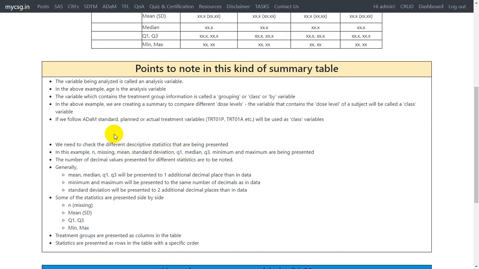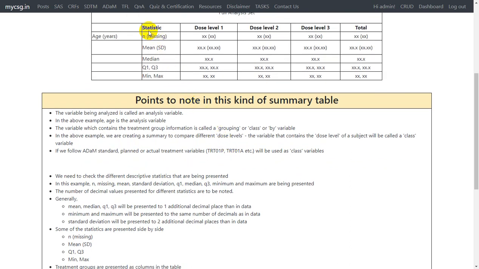The next thing that we need to do is check the different descriptive statistics that are being presented. We have already seen that age is being summarized in terms of these statistics: n, missing, mean, standard deviation, Q1, median, Q3, minimum and maximum. The next thing to note is the number of decimal values presented for different statistics.